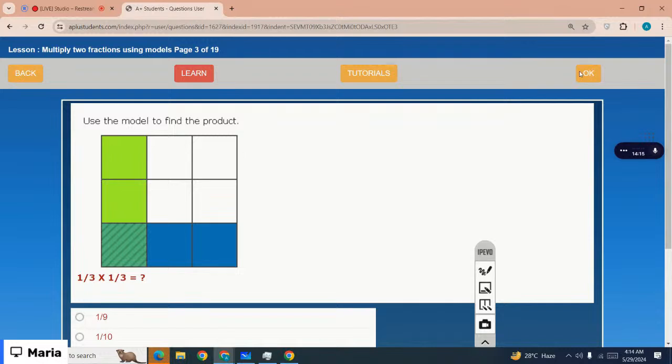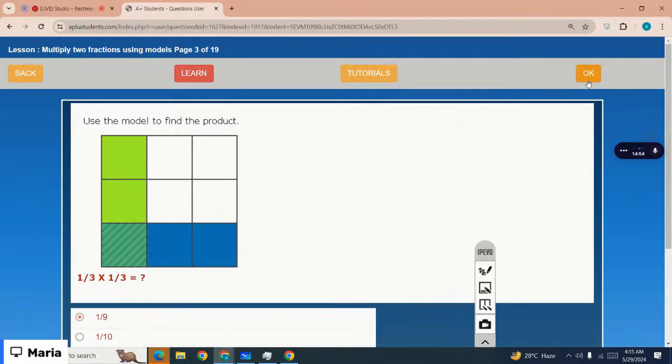So which is the correct option? That is one out of nine, right?